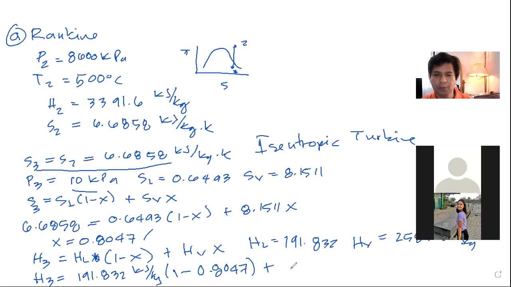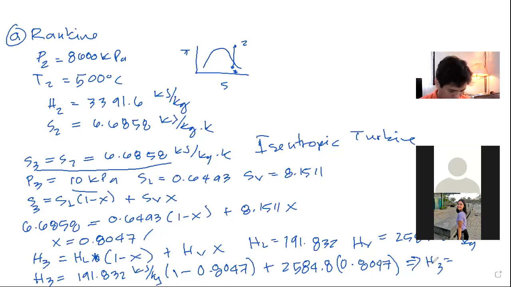Tapos plus, HB is 2584.8 times X. X is 0.8047. Yun. So, makukuha nyo na yung H3. So far, nakadalawang enthalpy na tayo, di ba? So, using your calculator, you're supposed to get 2,117.5. You can confirm this using your calculator.